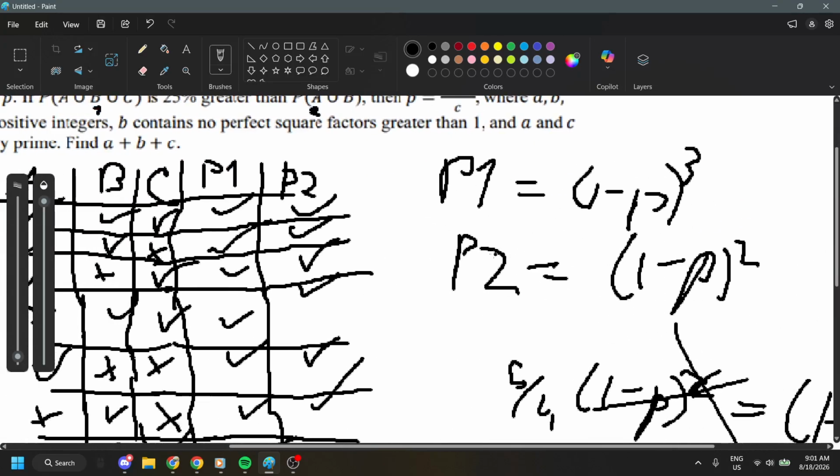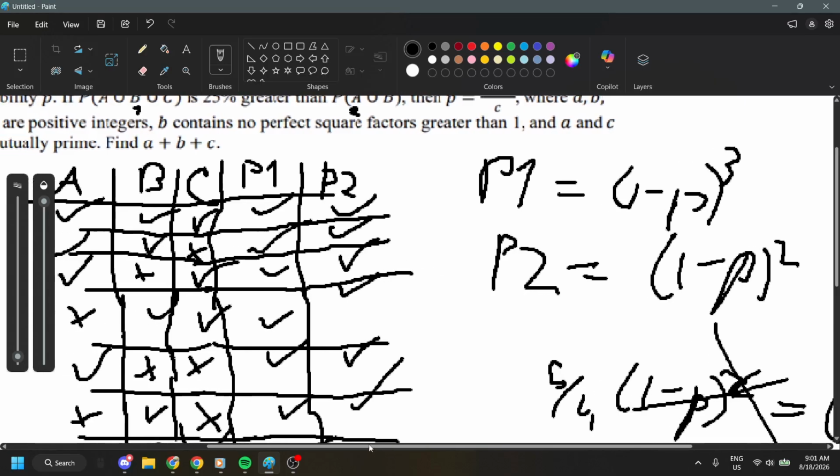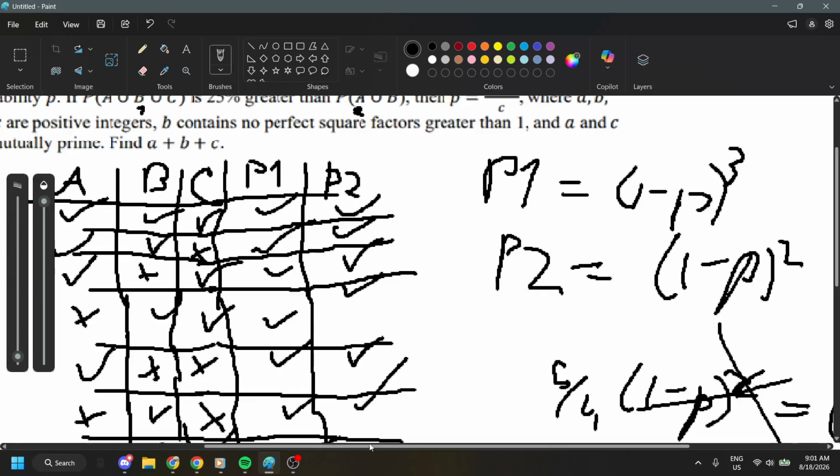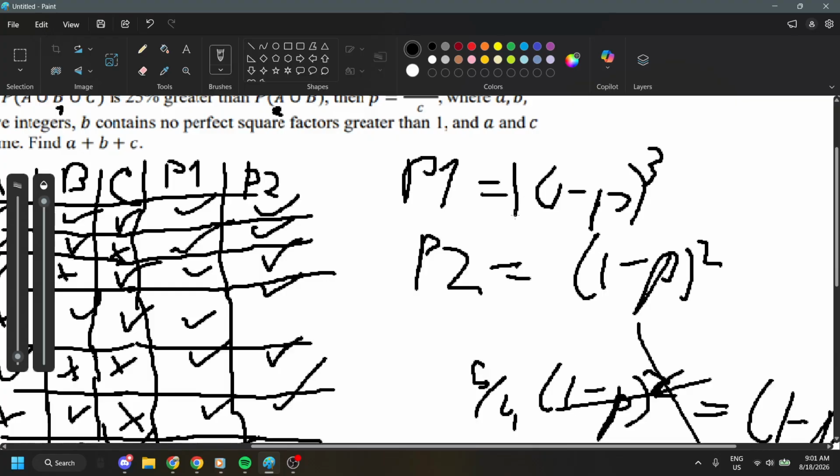I think I did this wrong. Oh, this is 1 minus, I see.